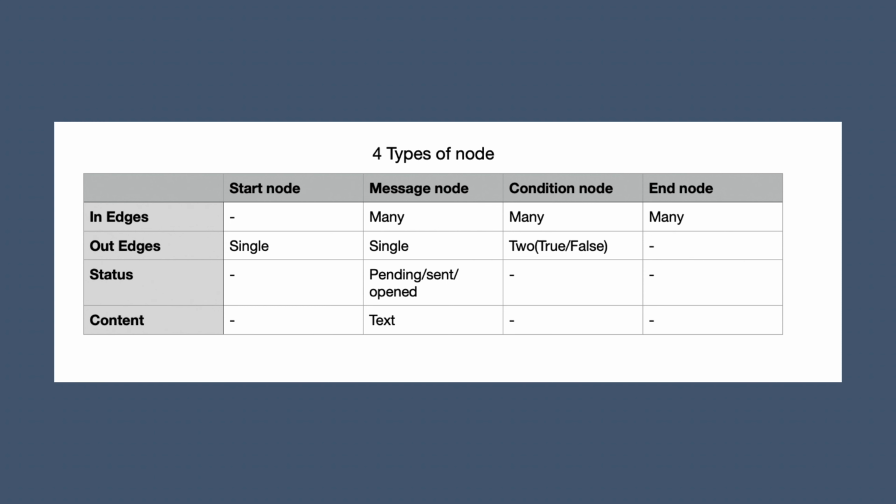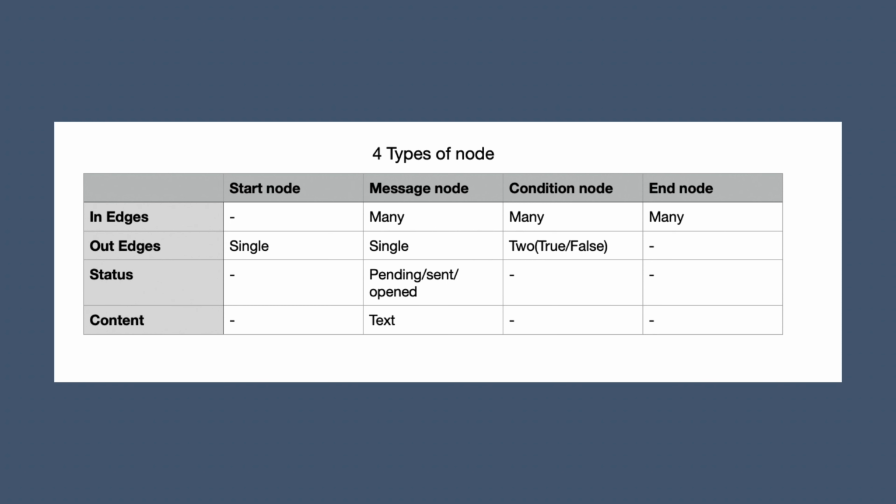Now let's talk about the features of the nodes. We can see here a start node, message node, condition node, and end node. You can pause and understand which in edge is going to be the source edge, and which out edge is going to be a target edge. I just created this table for a basic understanding of the nodes and their features.